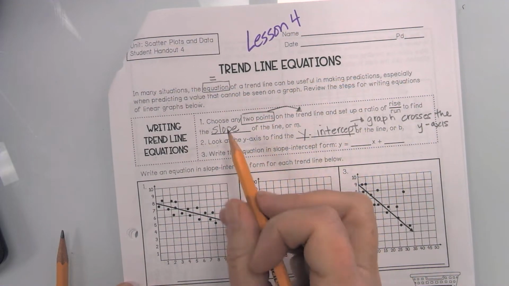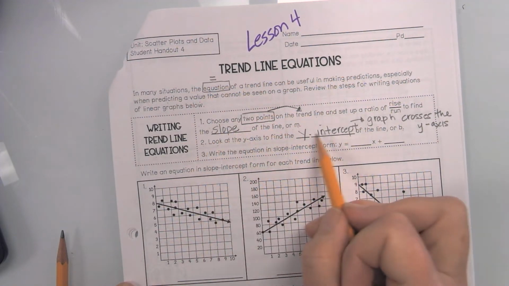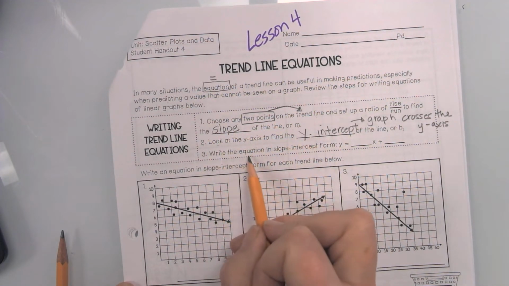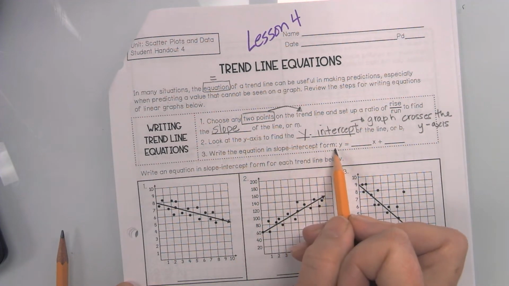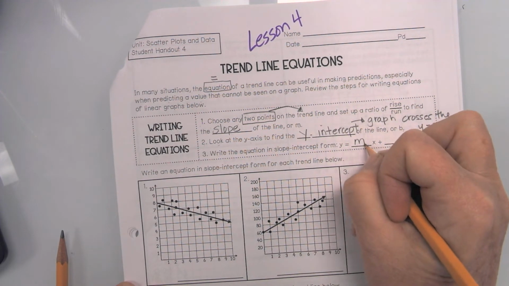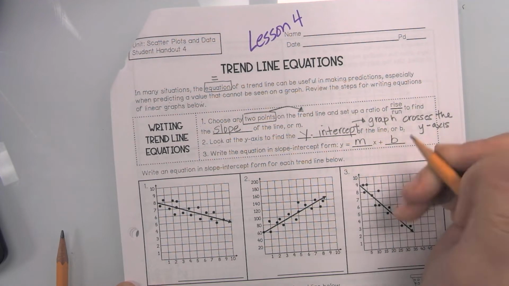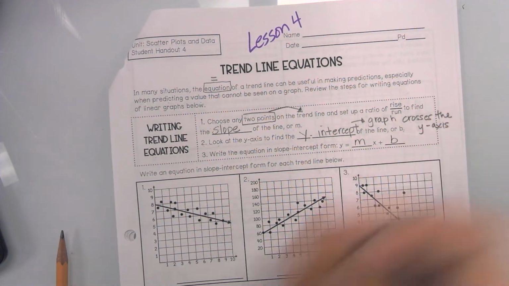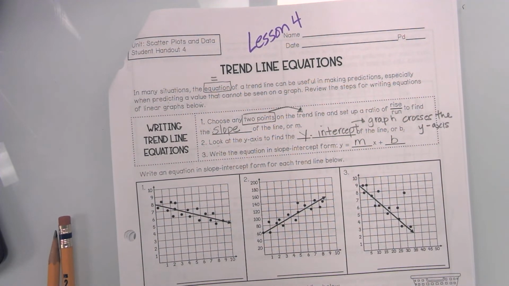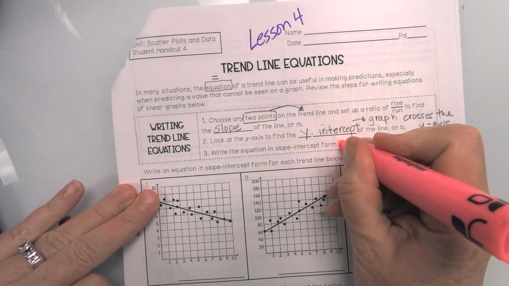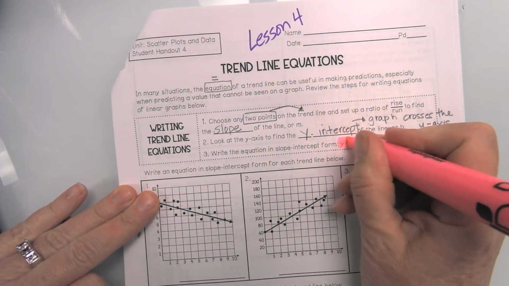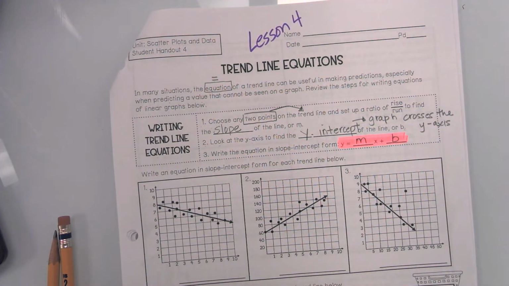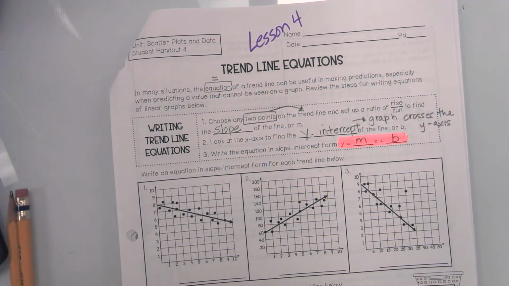Once you have the slope and the y-intercept, then you can write the equation in slope-intercept form of y equals mx plus b. That should sound familiar. Now I'm actually going to highlight that because I want to make sure when I'm writing my equations it needs to look just like this. There we go.